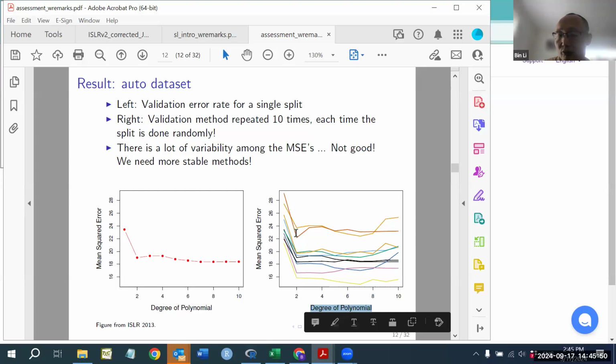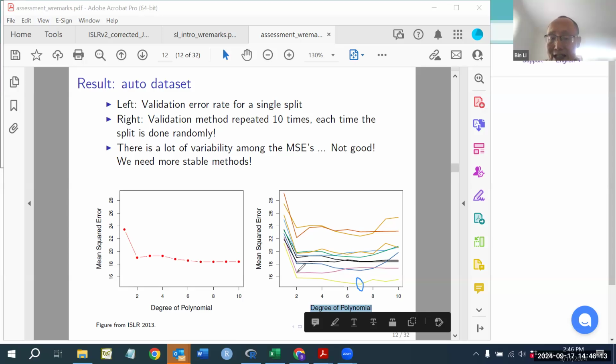The horizontal axis shows the degree of the polynomial regression, and each curve represents a particular split. For the curve at the bottom, which degree is optimal? It should be this one, right? The degree should be 7, because that gives the minimum.